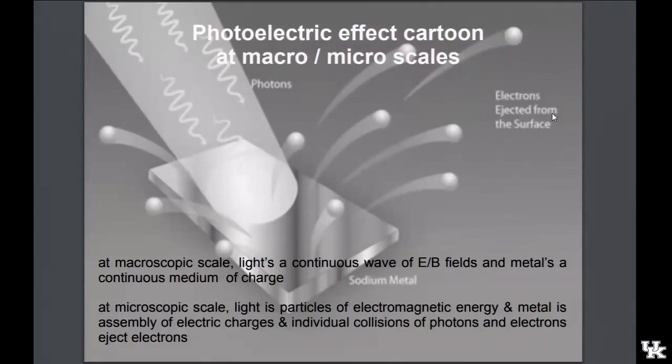To understand the effect, we have to understand that in those electromagnetic waves are little particles of light, photons of light. That's what these little worms are. They're striking individual electrons inside the metal, inside that sea of charge. Here, a photon liberates this electron. Here, another photon liberates this electron, and so on and so forth.